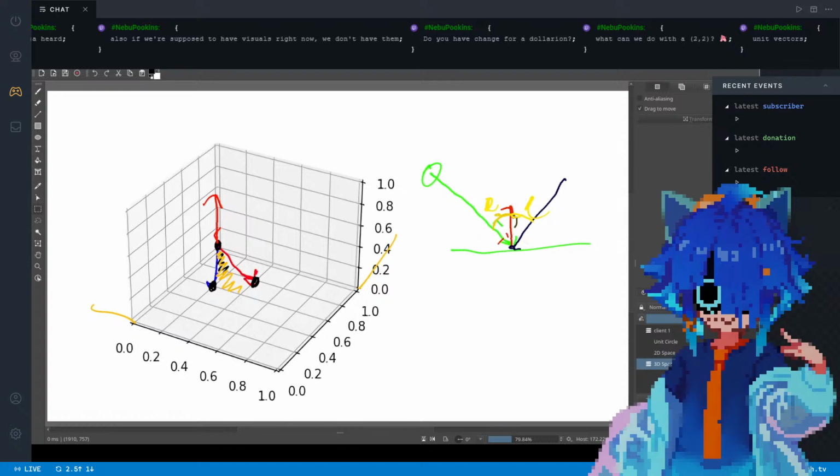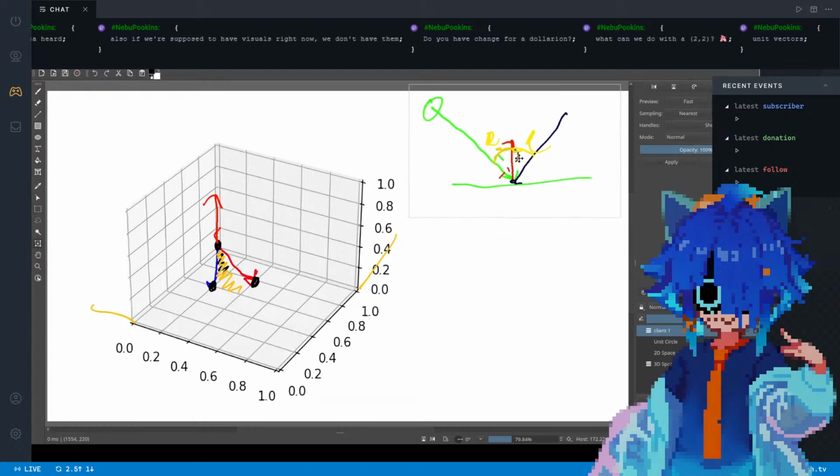But how can we first find this perpendicular vector? Well, it has a rather simple formula. Actually, let's not get rid of this little demo. Let's grab this little demo and move it up a little bit.